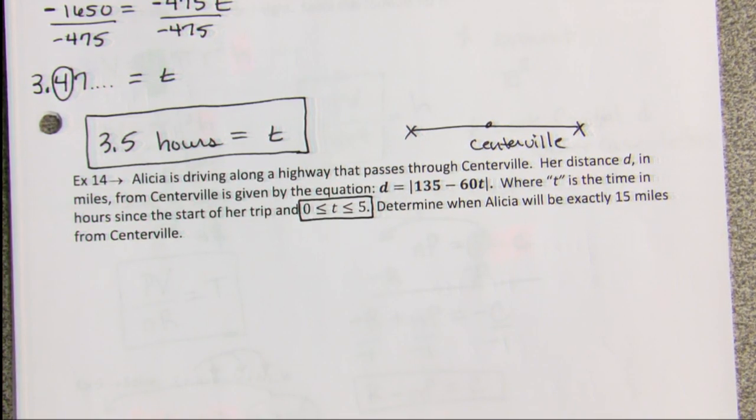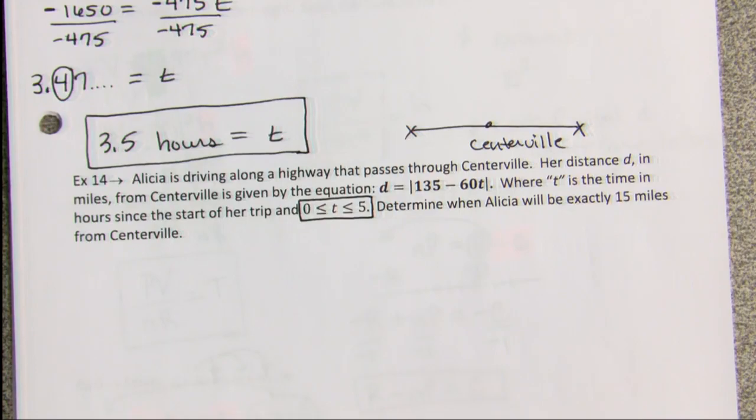So we want to determine when Alicia will be exactly 15 miles from Centerville, and we're going to say that either before or after. We're just going to go with both of these, so we're not deciding, well, are we before? I would think from would be before, wouldn't you? 15 miles from Centerville, but maybe somebody says you went past it. Well, we're 15 miles past it. I don't know.